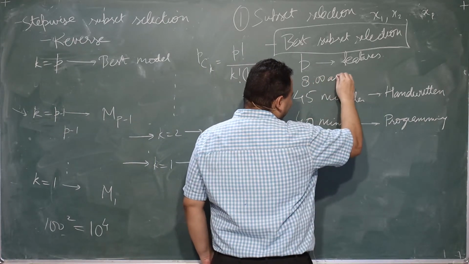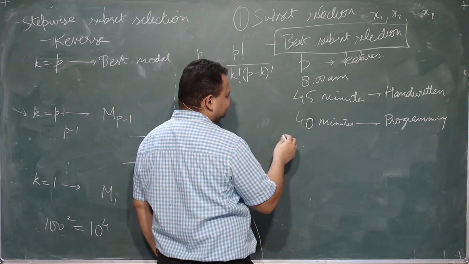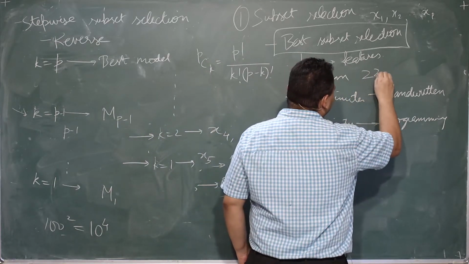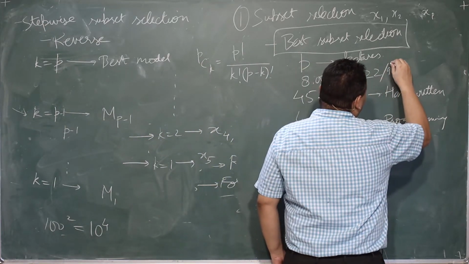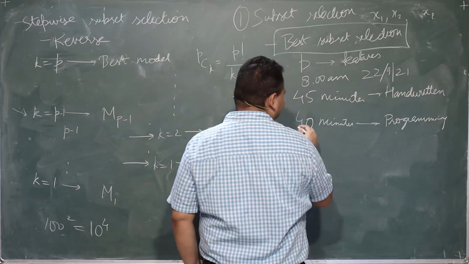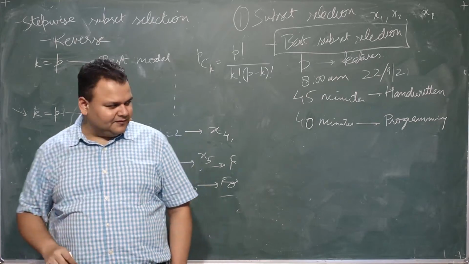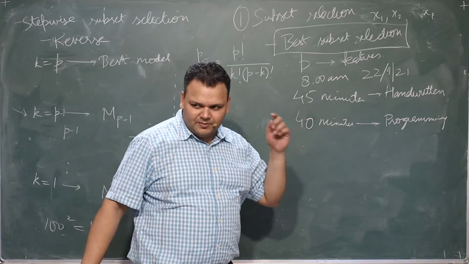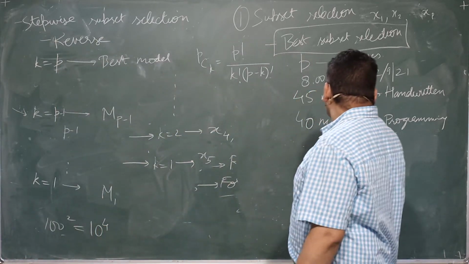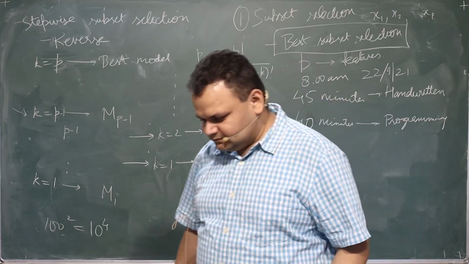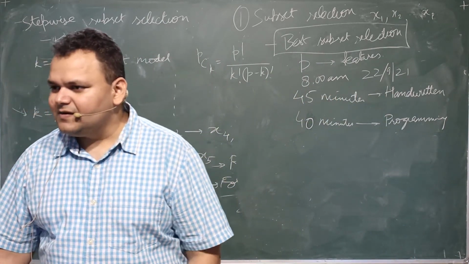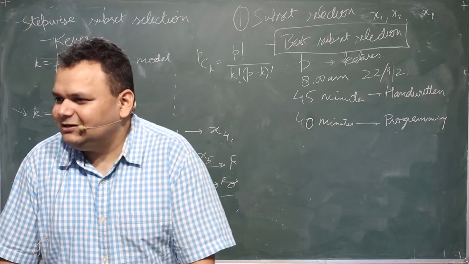Can somebody tell me? 8 a.m. 30 सेकंड. Huh? 22nd? 9:21, 8 a.m. So the handwritten part will be due at 8:45 and the programming part will be due at 9:30. Okay? So that is how we are going to divide it.